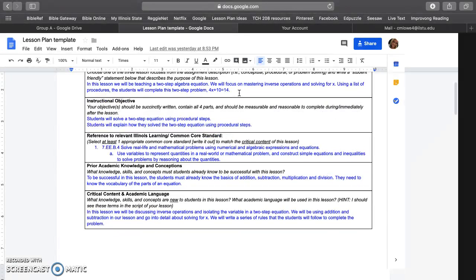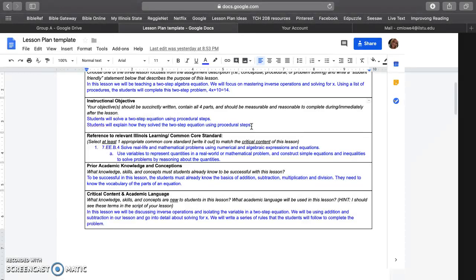And then our instructional objectives, you can see right here. Basically we wanted our objectives to follow along with her IEP goals. One of her IEP goals is to solve a linear equation using a cheat sheet. So we'll be having a poster board that has all the procedural knowledge as an anchor chart, and that will be her cheat sheet.